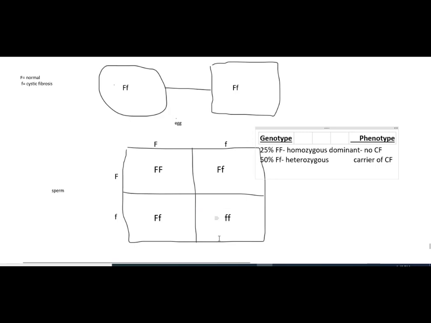And then lastly, there's a 25% chance that this child could have two little f's, which would mean homozygous recessive, which phenotypically means does have cystic fibrosis. So overall, what you could tell this couple from their genetics, based on the fact that they're both carriers, is that there's a 25% chance that their offspring will have this genetic disorder.